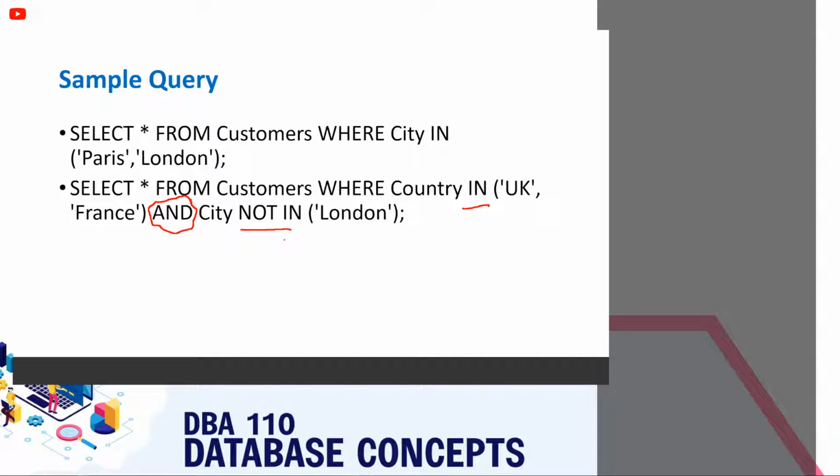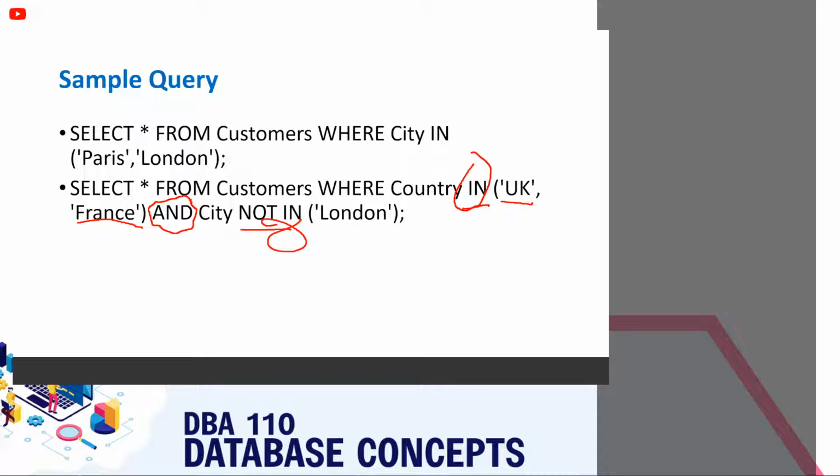So when we look at this query that we've written here, we're basically saying, okay, any country that is the UK or France, because these are the two countries that are in our set here. UK and France, they are in our set. So country can be UK, country can be France, everything's good there. And city not in the set of London.